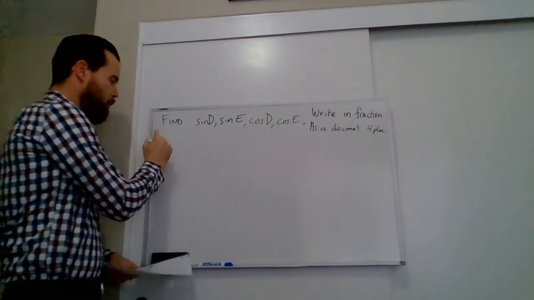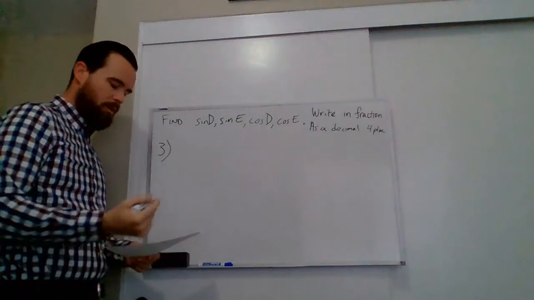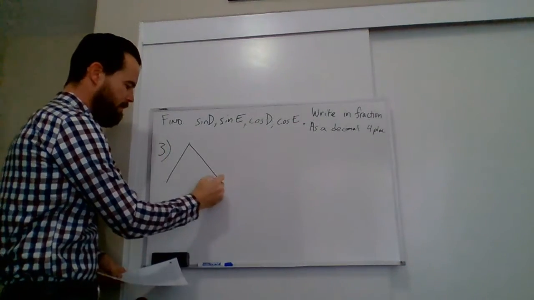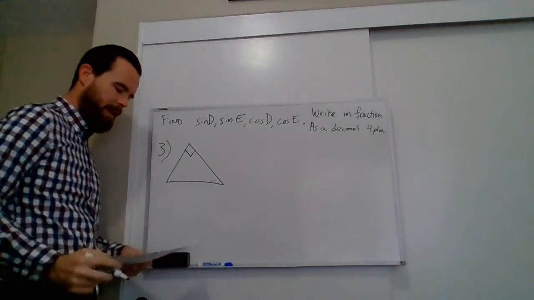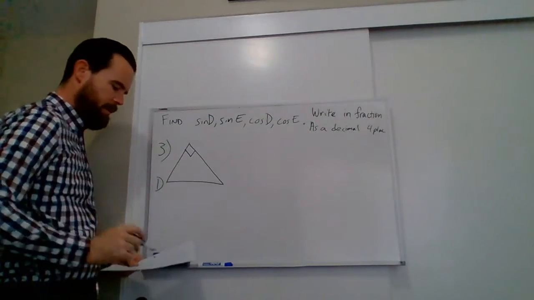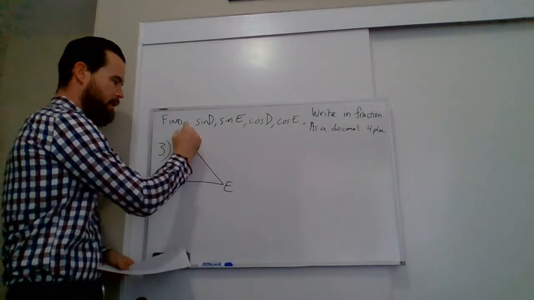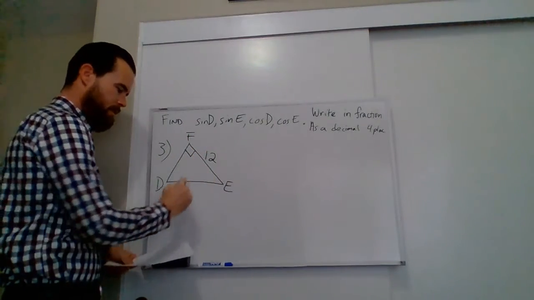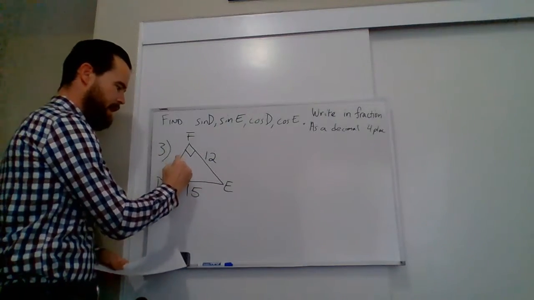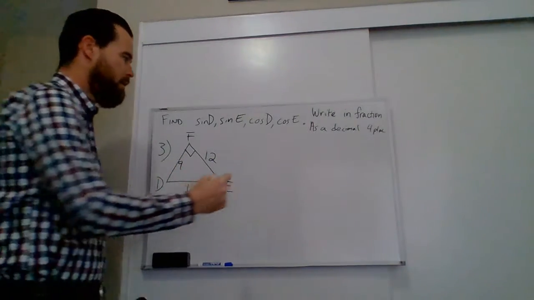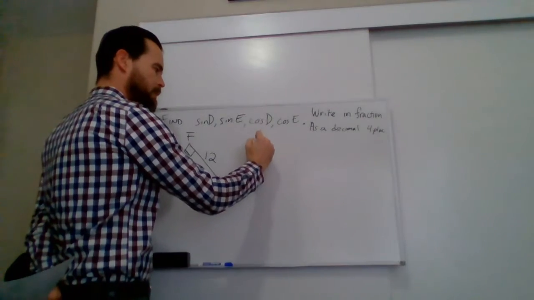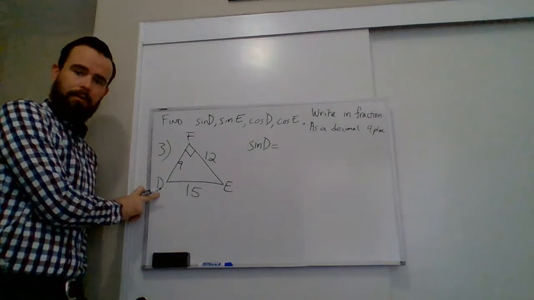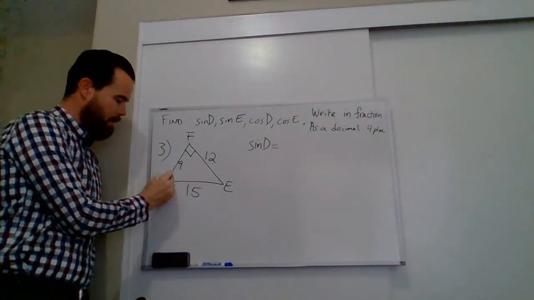So let's begin. We got number 3. We always want to draw out our triangles. It helps us visualize the information. So we have a right angle up here, D, E, F, and they give us side lengths of 12, 15, and 9. All right, so let's just start with sine of D. Here's our angle D here.